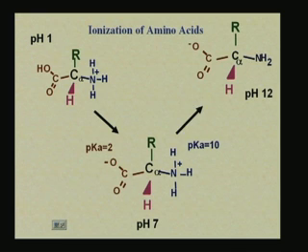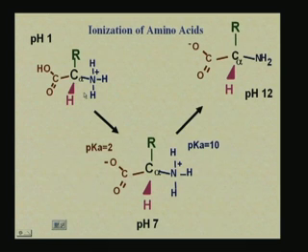We are not talking about the side chain right now, but since the amino acid itself has a carboxylic group and an amine group, we can consider the protonation of those two sites alone. So, what do we have here? At a pH of 1, we have our carboxylic acid protonated, we have our amine group protonated. There is no other place where a proton can be accepted here.